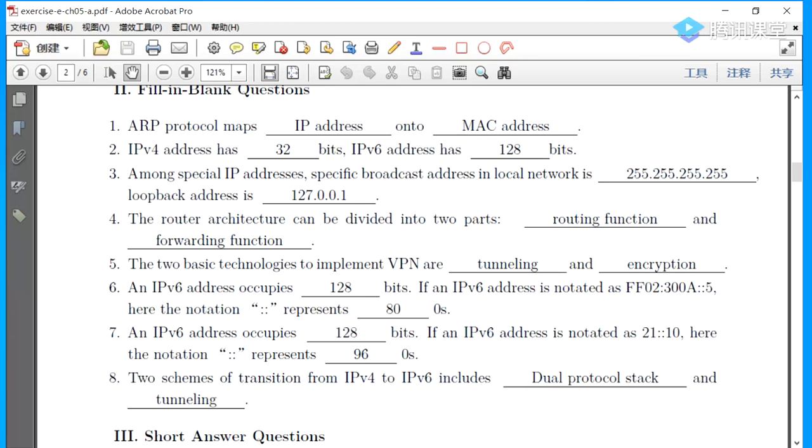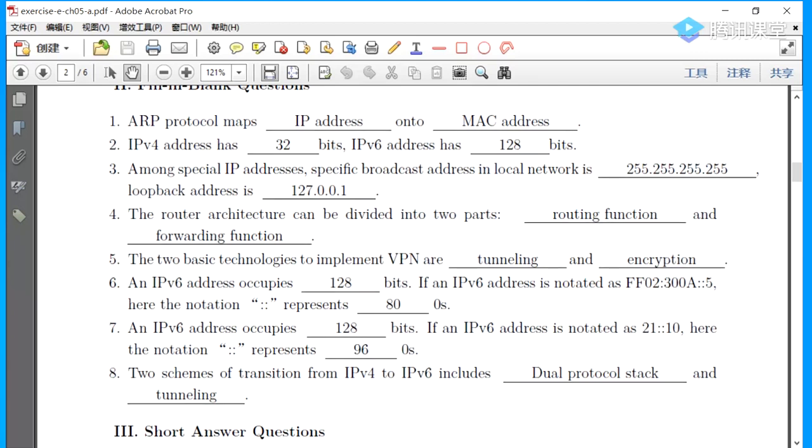If an IPv6 address is notated as FF01 double colon 0300A double colon 5, here the double colon represents 80 zeros. Why? I will illustrate the calculation. This is the compression notation.